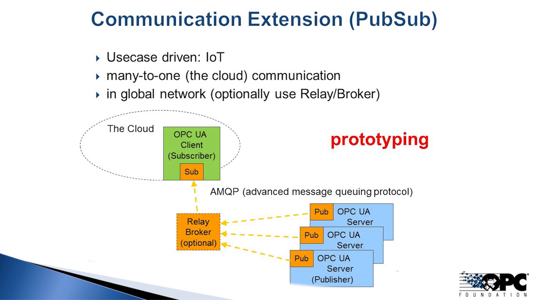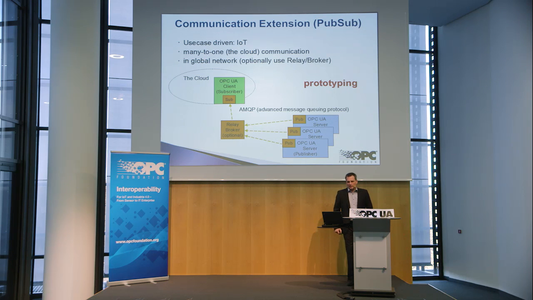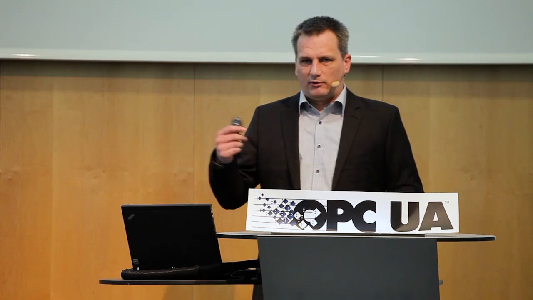In that case, also it's very good to have PubSub, because here you can see I have many OPC UA publishers. They're all publishing the information to one relay, and this relay broker then creates the message, for example, in AMQP or MQTT or whatever cloud-based protocol, and then sends the information to the cloud.